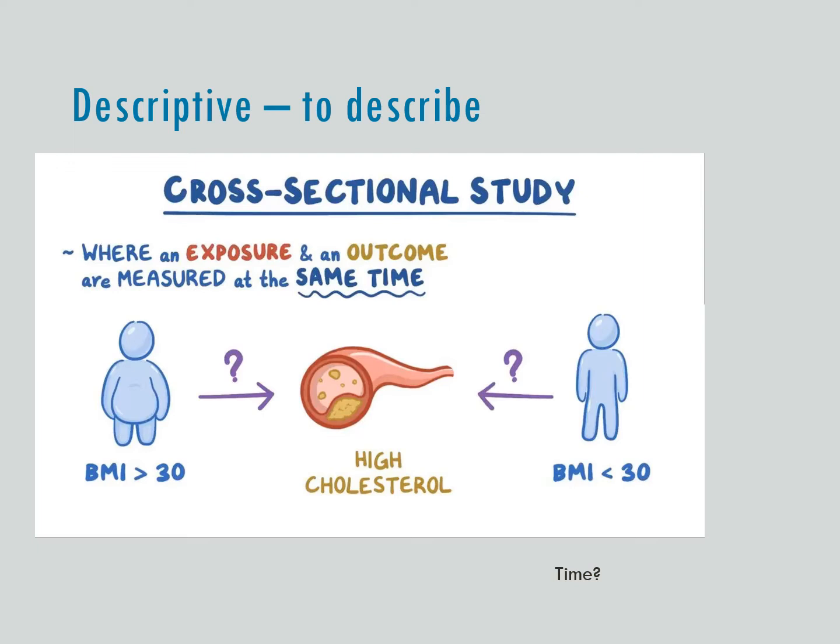So here they measure the individual's BMI and they put them into two categories, either over 30 or under 30, and they measured their cholesterol at that time. And that's it. That's all the data that they're going to collect, which means that there could be more information at play here than what they've collected.